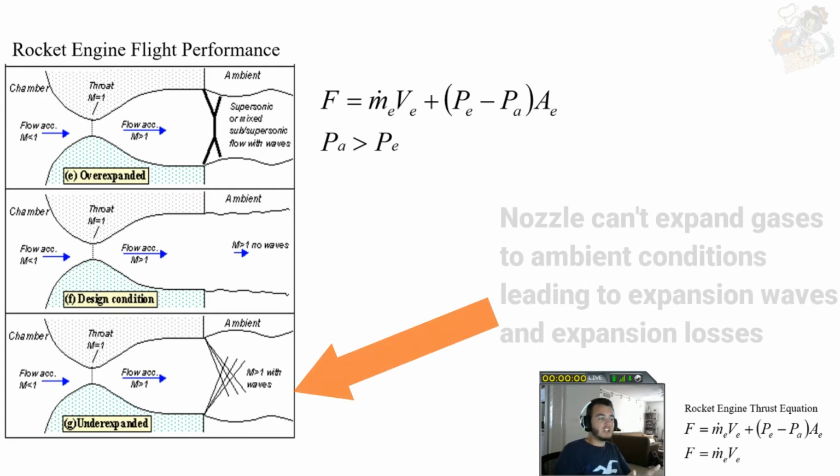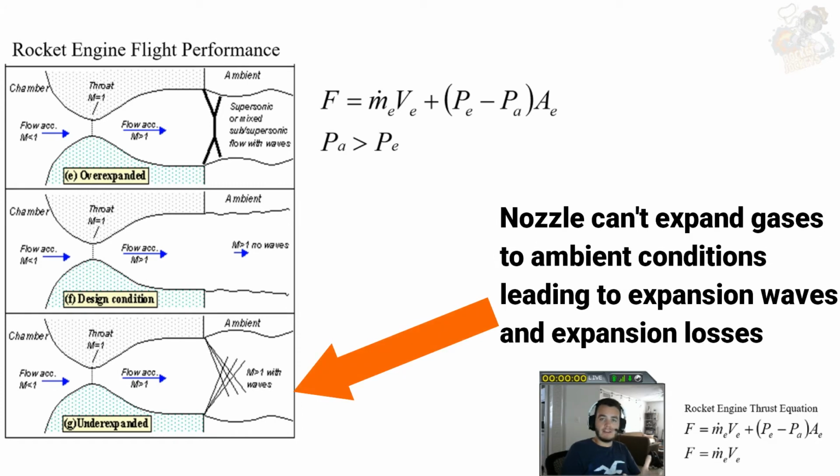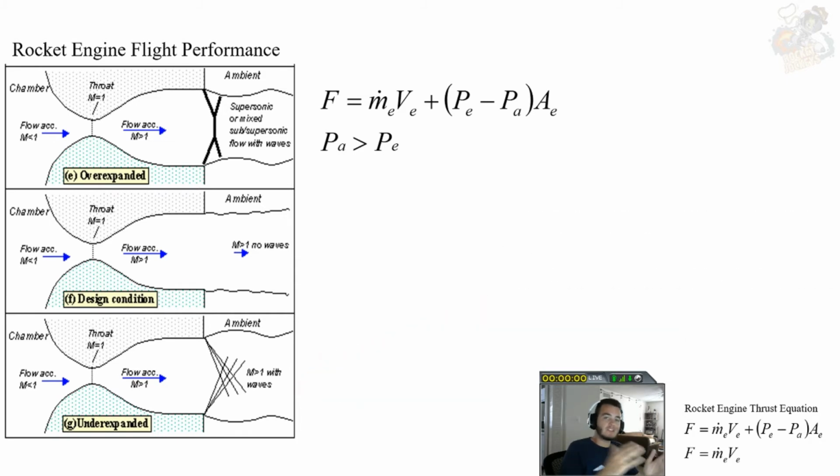At some point, you will achieve underexpanded flow where now your gases inside the nozzle aren't able to be expanded all the way to the ambient conditions. This happens at some point for pretty much every single rocket engine nozzle, whether it's an upper stage, vacuum engine, or even a core stage, first stage engine.